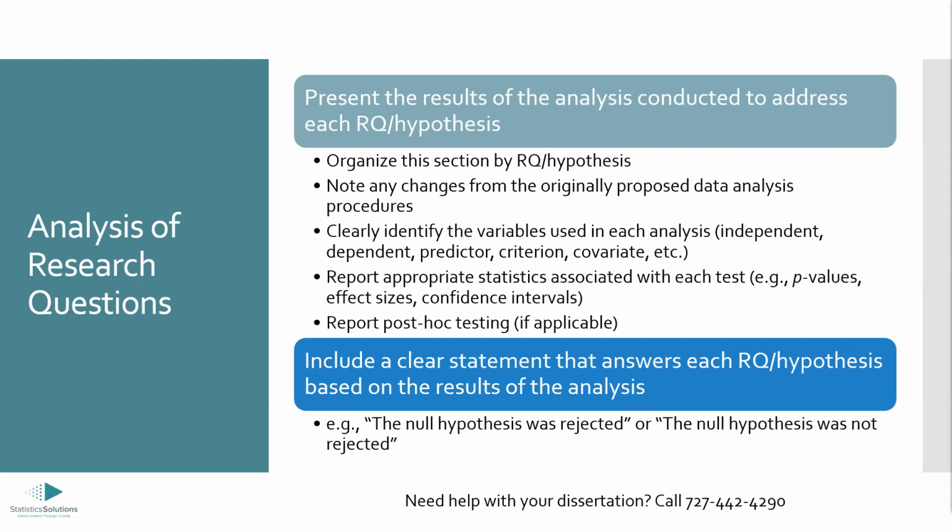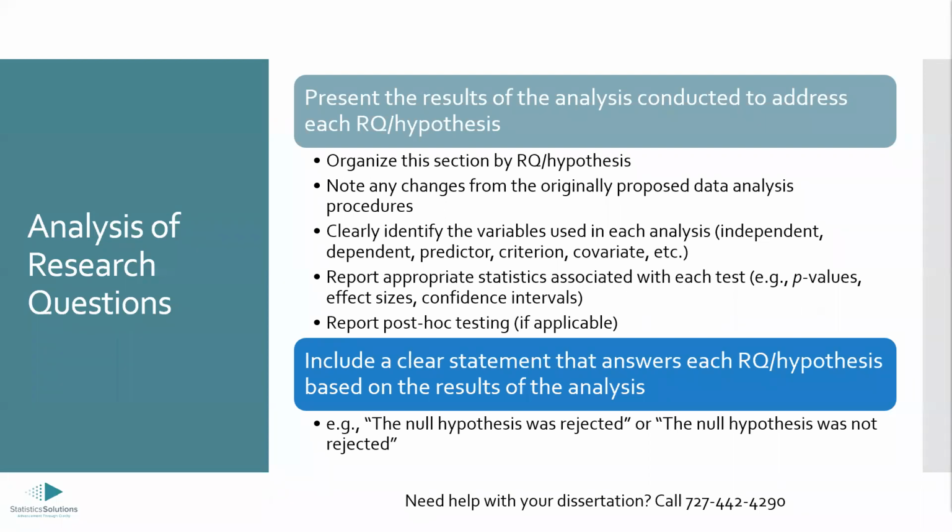So, depending on the specific language that is appropriate to your analysis, you will want to identify the independent and dependent variables, or the predictor and criterion variables if you're doing a regression type of analysis, and identify covariates or control variables, and things like that. So you will want to make sure you clearly identify all of the variables that you are using in each analysis and how they're being handled in that analysis.